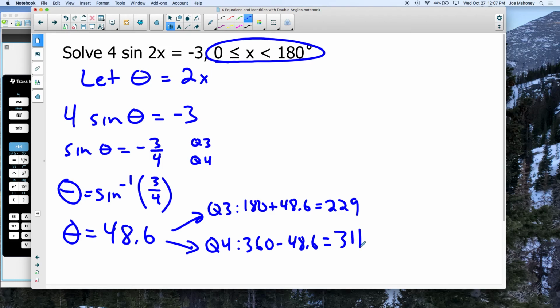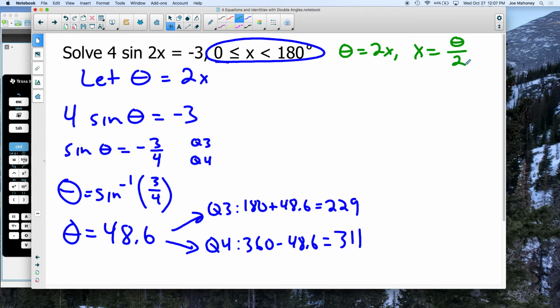But I didn't forget, I made a substitution before. Remember, theta is equal to that value 2x. So since theta is equal to 2x, if I divide by 2, I get x equals theta over 2. So what I need to do is take these two angles and divide them by 2.